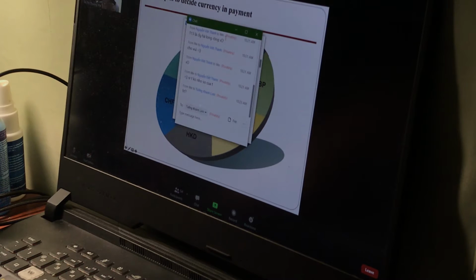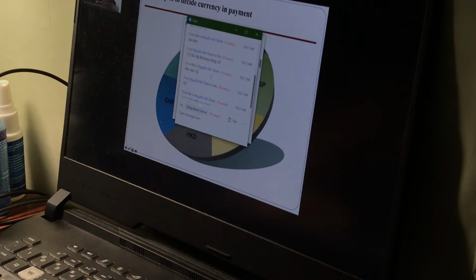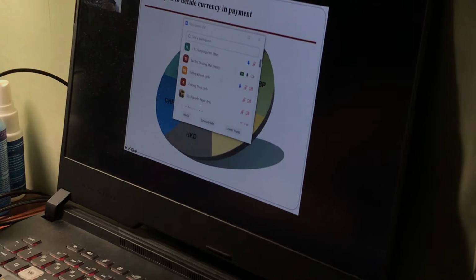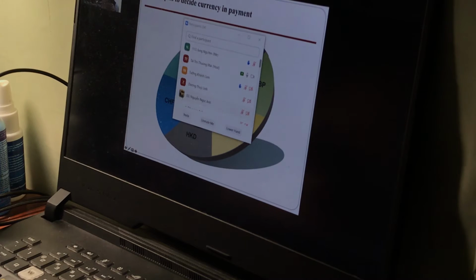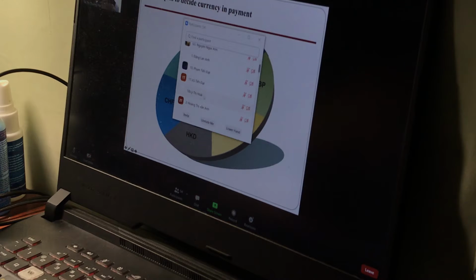USD, they are the popular currencies used in the sale contract. USD, I'm sure 100% of you understand this one, right?